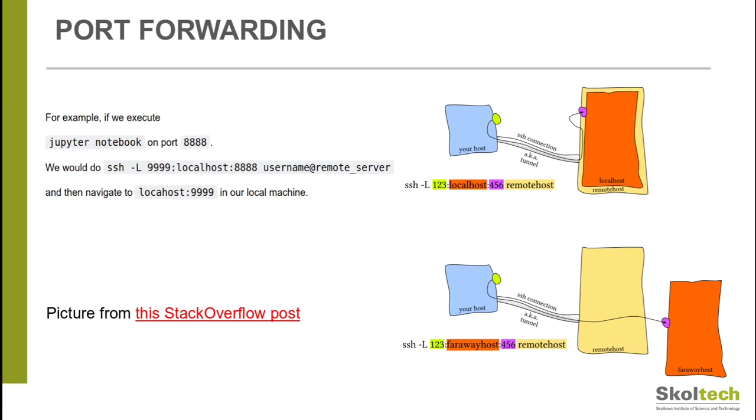The first case is when you raise a server on a remote host and then you want to connect to it. And the second example is when you connect to a remote host, then connect to another remote host from this remote host, named faraway host. There you raise the server and you still want to connect from your local machine to that raised application.